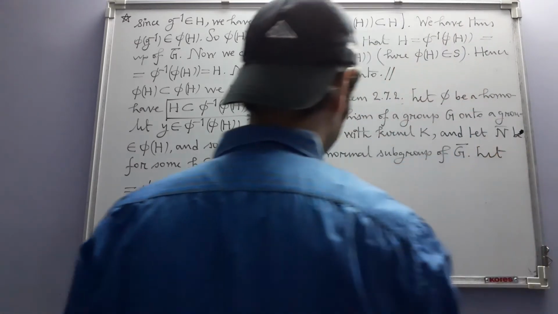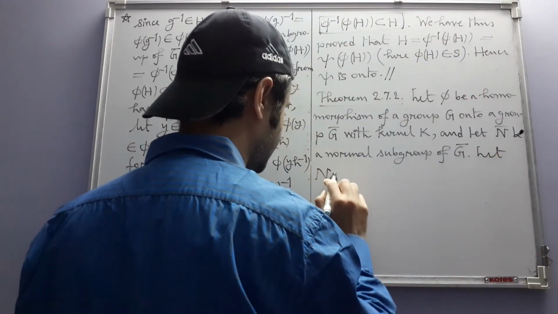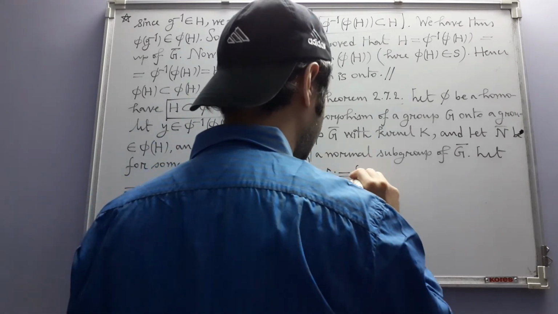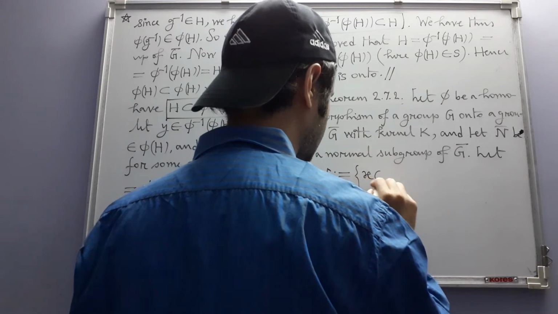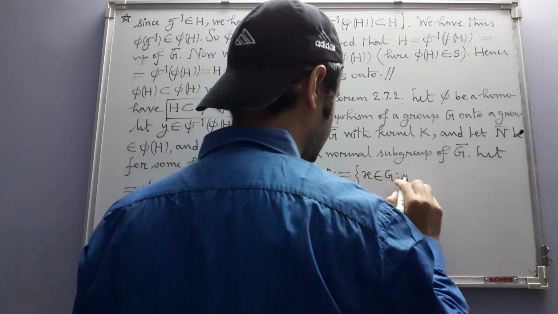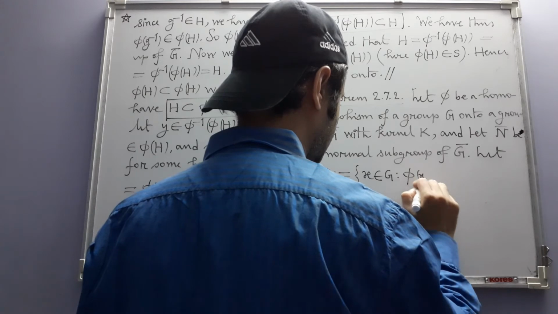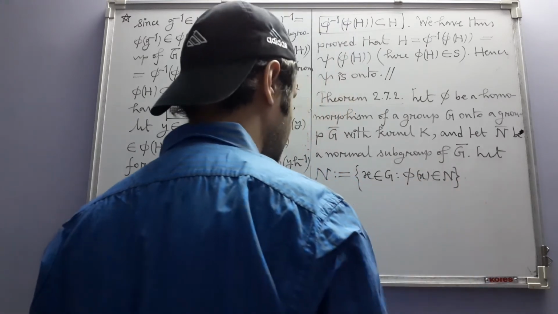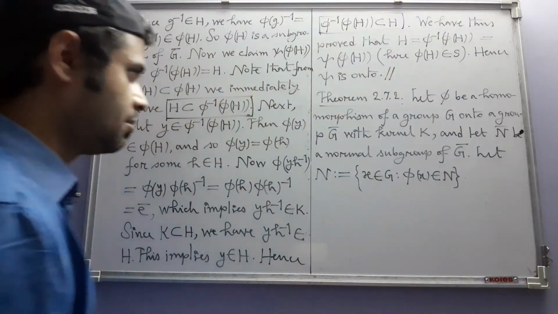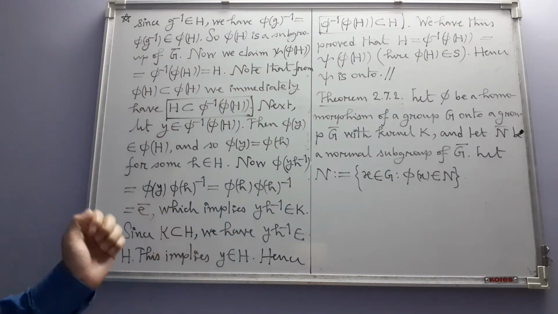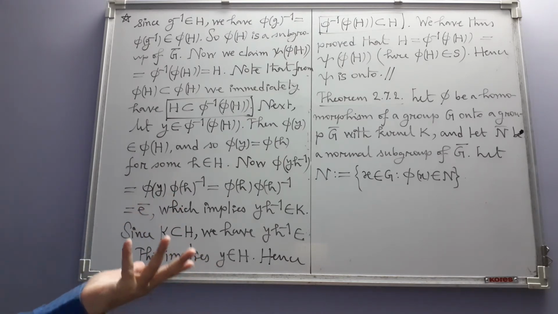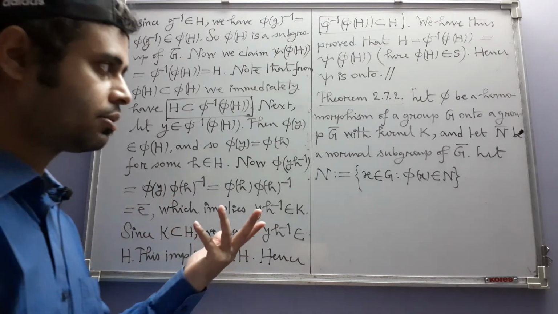Let N be defined like that, that is the inverse image of N bar under phi, x belonging to G such that phi of x belongs to N bar. Then by the previous lemma, we know that N will also be a normal subgroup of G, and in fact it will contain the kernel K.